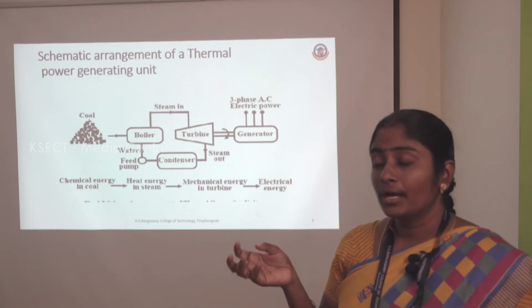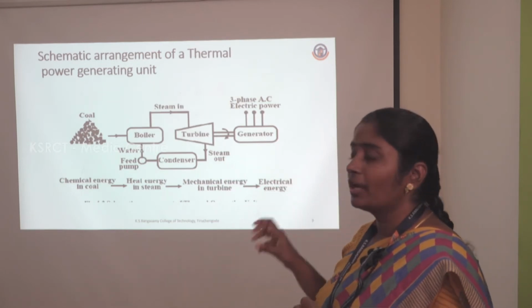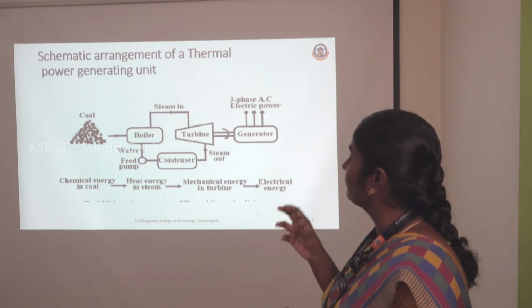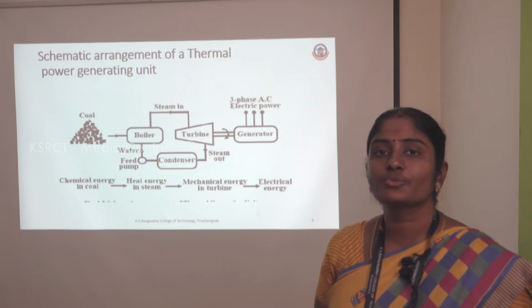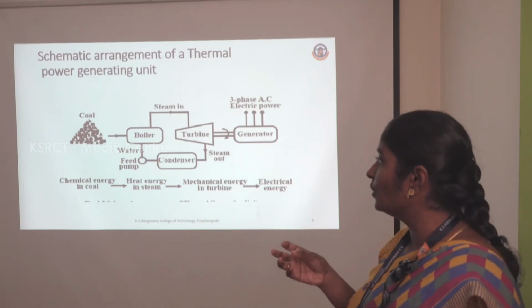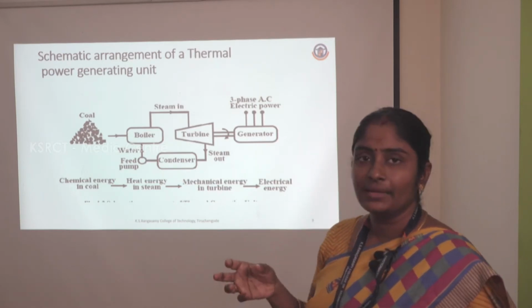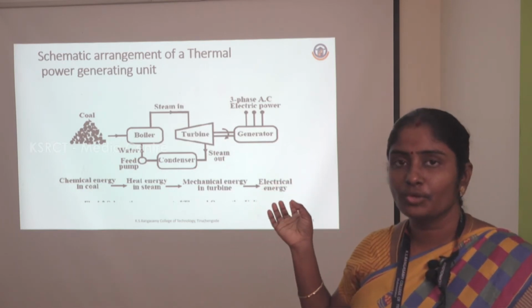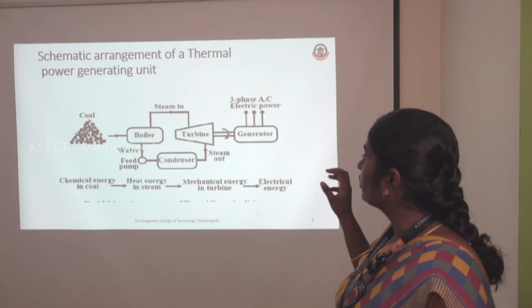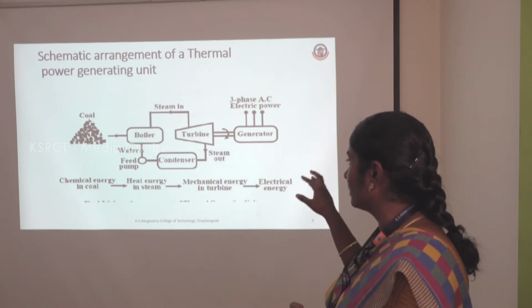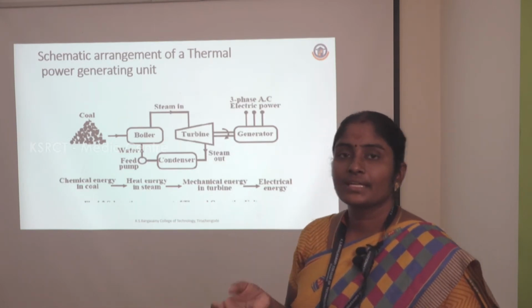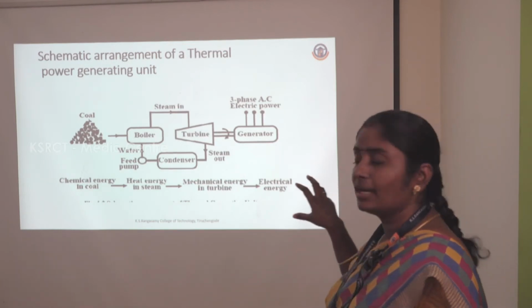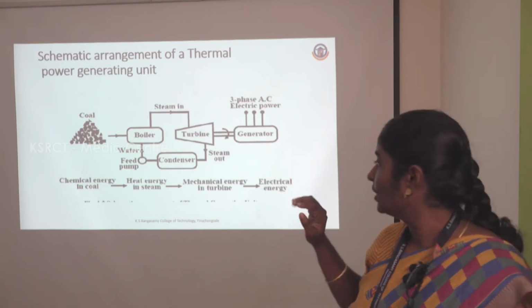Before the coal is input to the boiler, it has to be pulverized. Pulverized means we crush the coal into very small pieces, which helps to burn the coal easily. When it is pulverized, it is given as input to the boiler and gets burned. The water from the condenser, through the feed water pump, is heated and the steam is produced. The steam is given as input to the turbine, and the process continues.